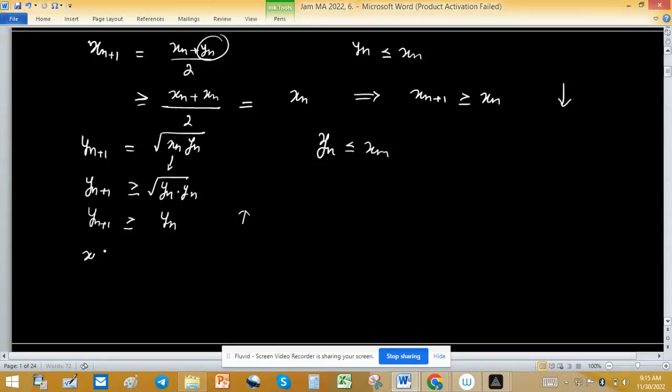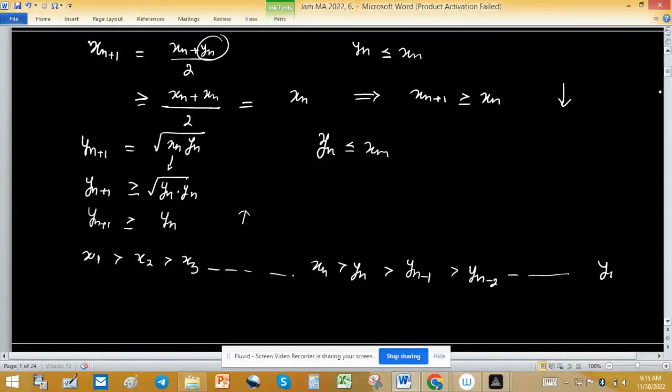So x_n is decreasing. That's why x_1 is greater than x_2, greater than x_3, and so on, greater than x_n, and x_n is greater than y_n. This is greater than y_{n-1}, this is greater than y_{n-2}, and so on, down to y_1.